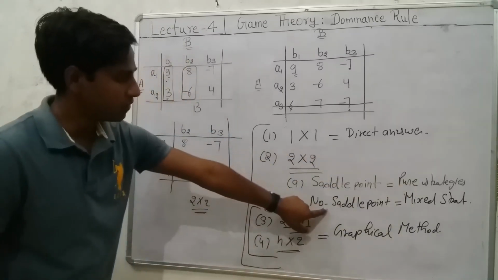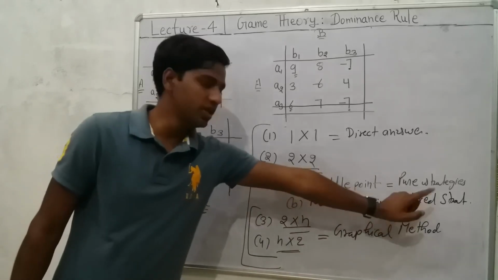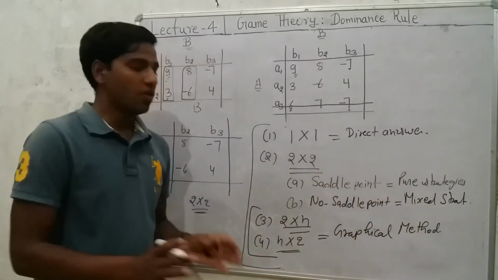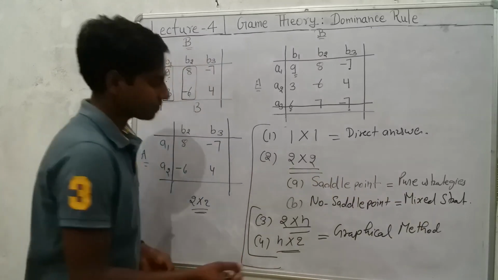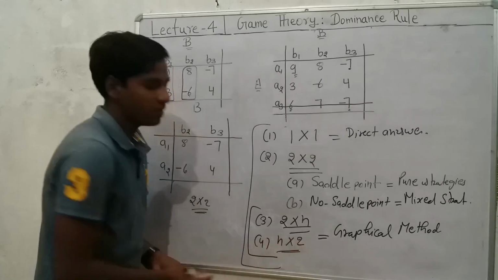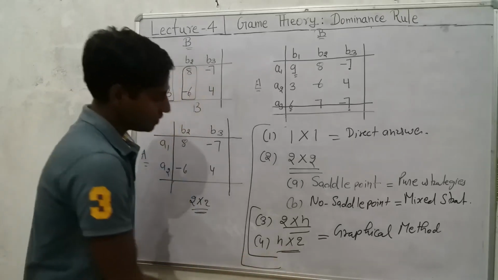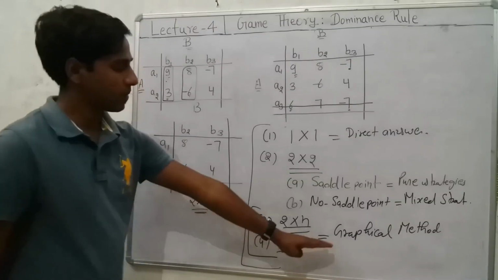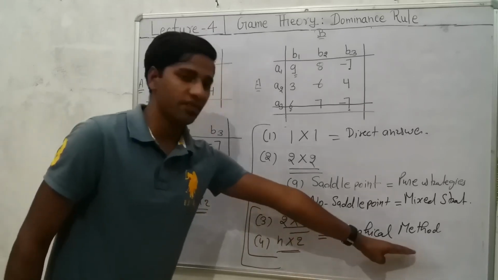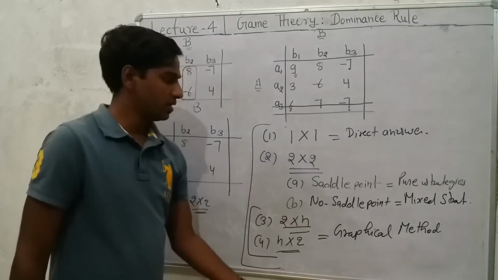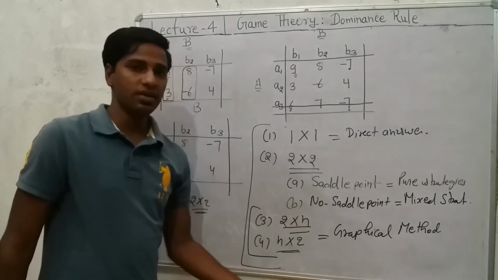If there is no saddle point, then we need to calculate mixed strategies by applying a combination of the strategies. The third case can be of 2 by n order, and the fourth case of n by 2 order. These cases would be further simplified by using the graphical method, and after that we can solve them for optimal strategies.